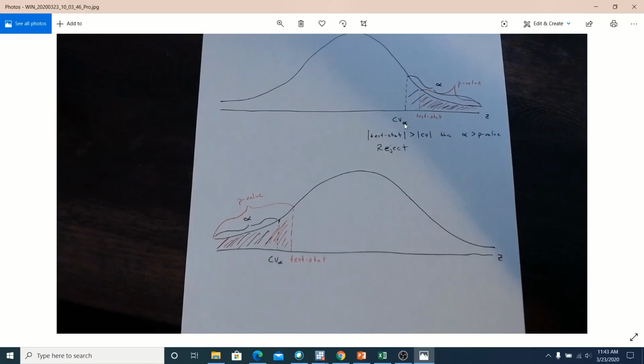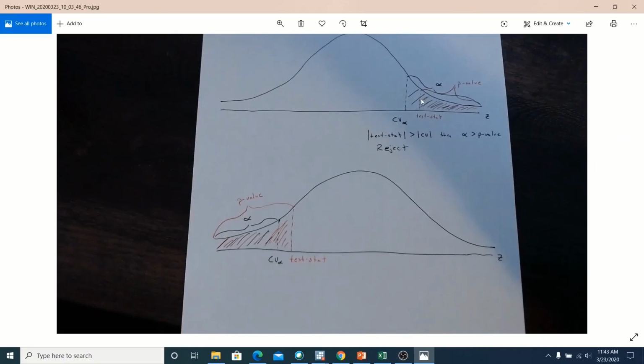To find the critical value for a right-tailed test, I knew that it was whatever gives me alpha in that right tail. So notice this black shaded area, where I drew alpha. Alpha is the area of my tail, and the critical value was just the z value that gave me alpha in that tail.